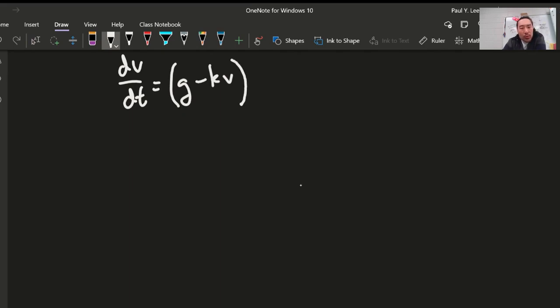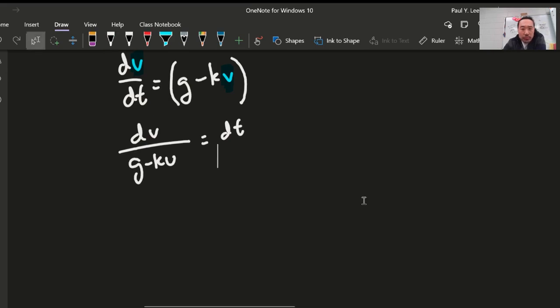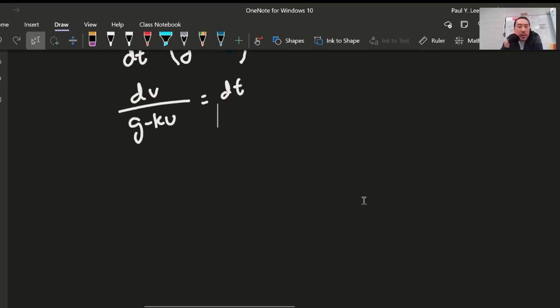And what I'm going to do next is divide both sides by g minus kv, for the sole reason that v is over there and we have a v right there. So we want to create all of the variable terms together on one side. So we get dv over g minus kv, and that dt I'm going to just shove onto the other side, so that's by itself. All right, so from here we have to take the integral of both sides.